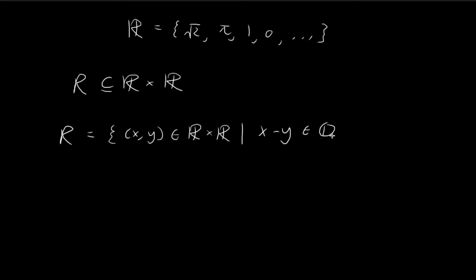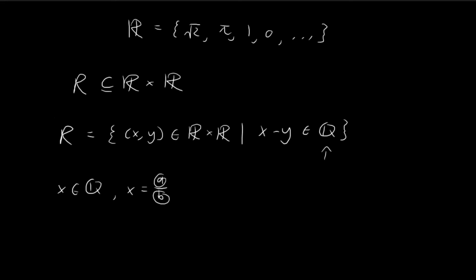So x minus y is a member of the set of rational numbers. This symbol here represents the set of rational numbers. A rational number is a number that can be represented as a fraction, where, for example, if x is a member of the set of rational numbers, then x is equal to a over b, where a and b are integers. So a and b are whole numbers.